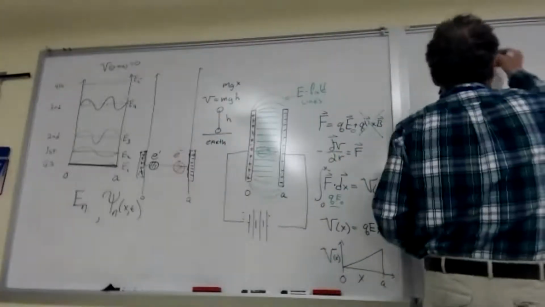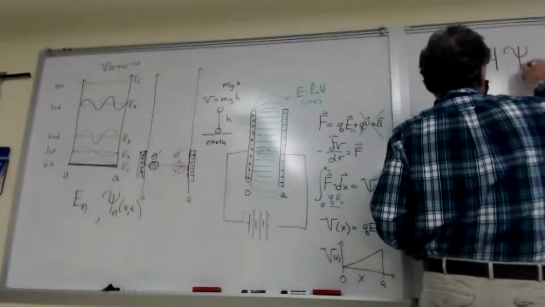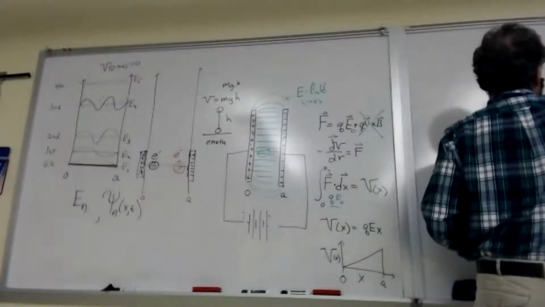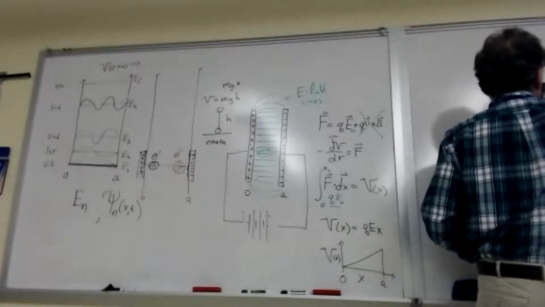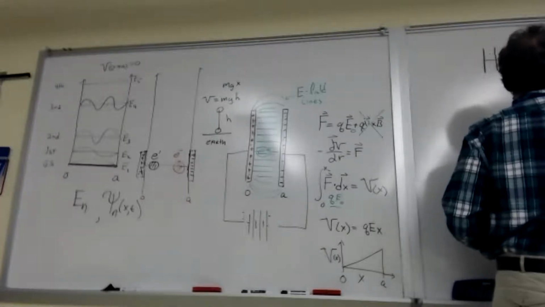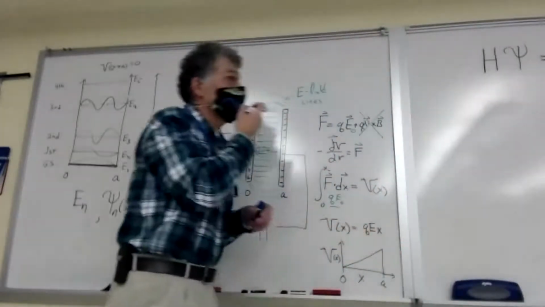First of all, anytime you want to solve Schrodinger's equation, you write down H psi equals, what's the other part over here? Time part. I h bar is the time derivative of psi. And then the first question you ask, is the potential a function of time?